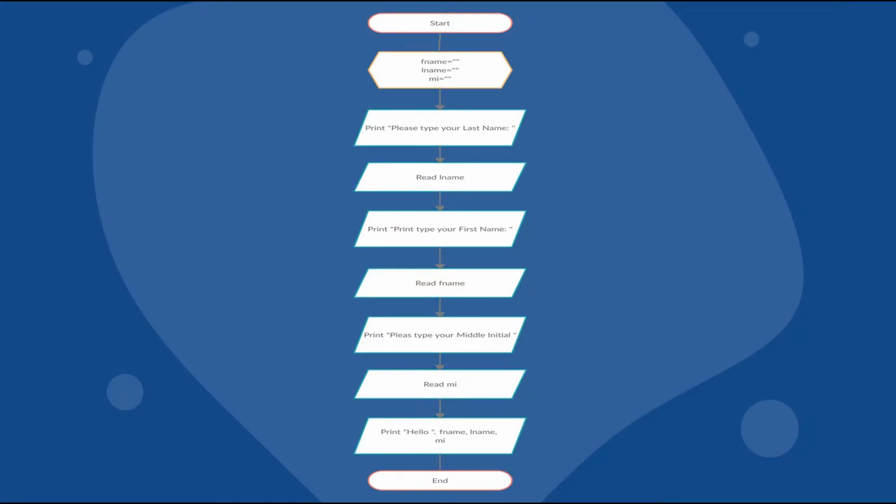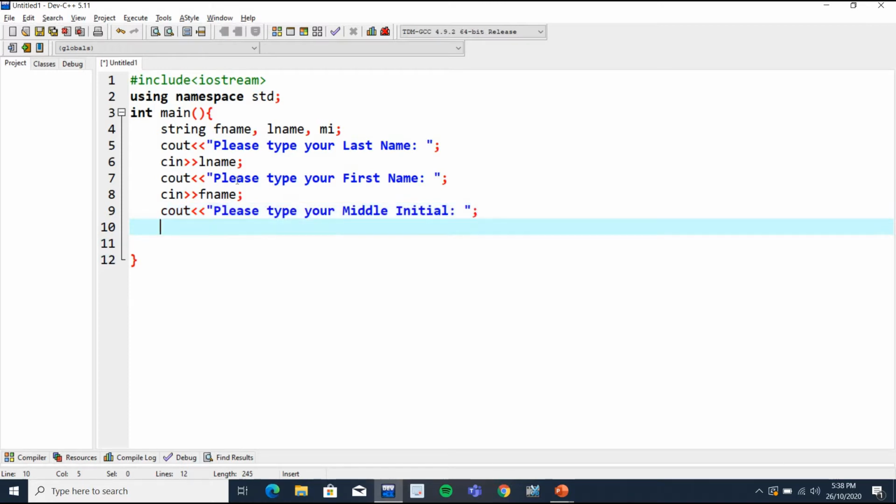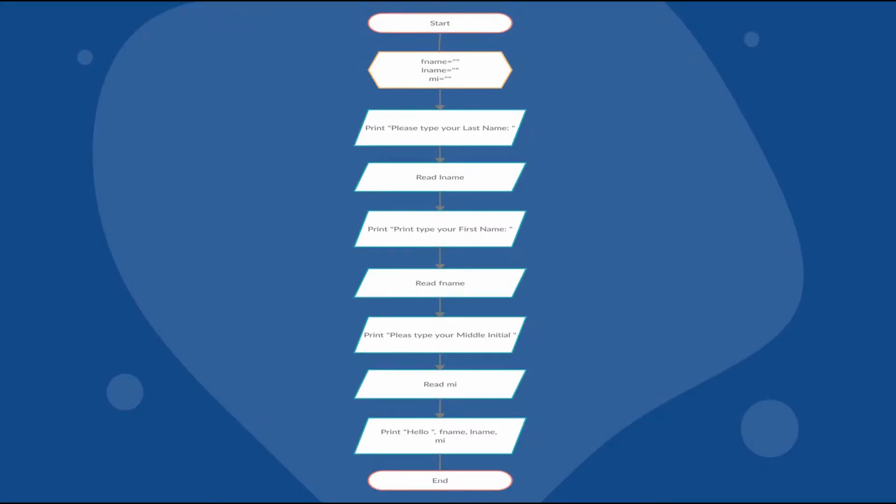The same po sa middle initial. Ang pinakahuli po is, we will print hello, F name, L name, and middle initial.